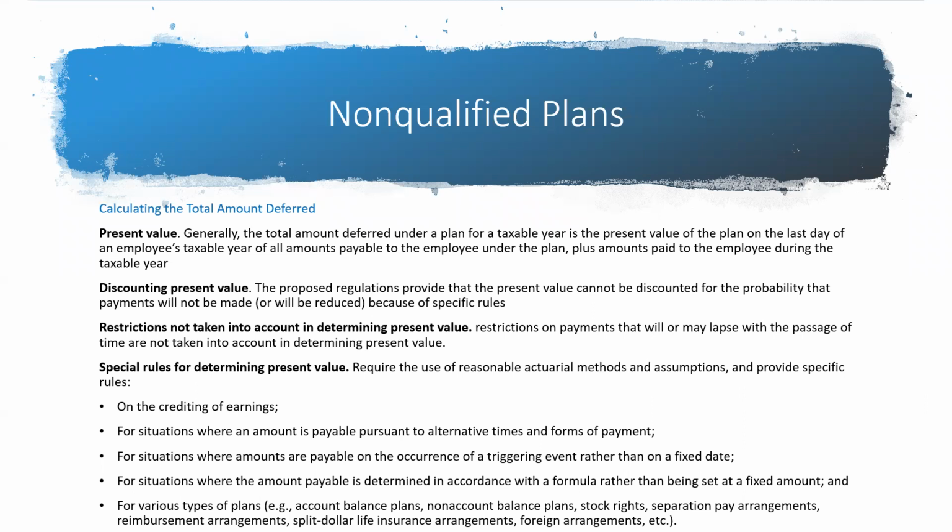Also, any potential additional deferrals contingent on a bona fide requirement that the employee perform services after that taxable year, such as potential salary deferrals, service credits, or additions due to increase in compensation, would also not be taken into account in determining the total amount deferred for the taxable year.